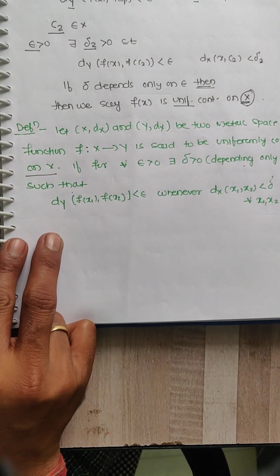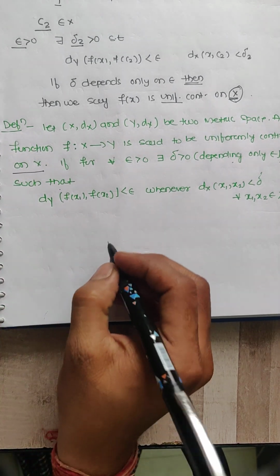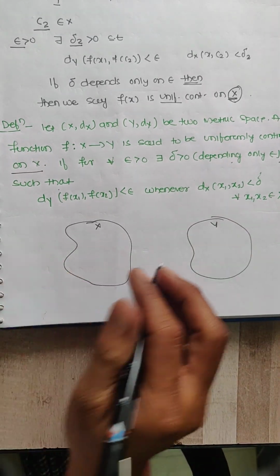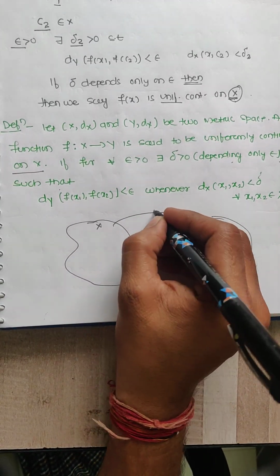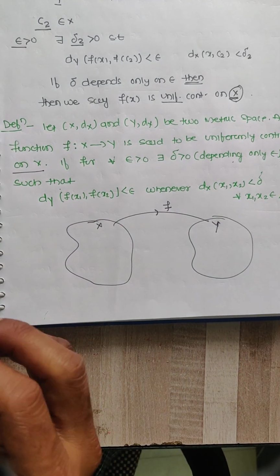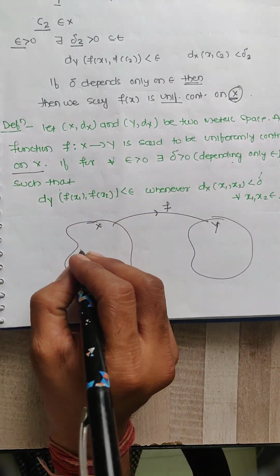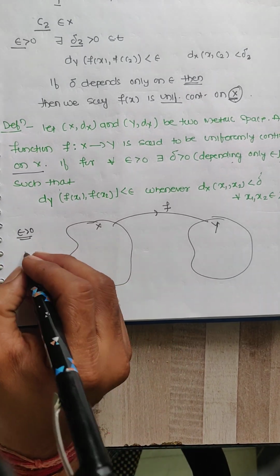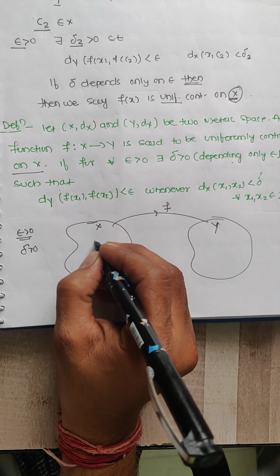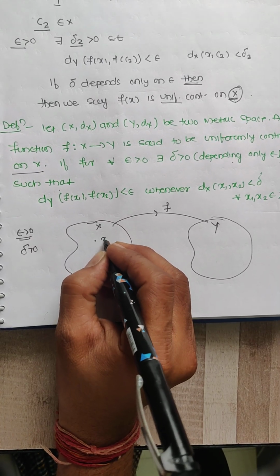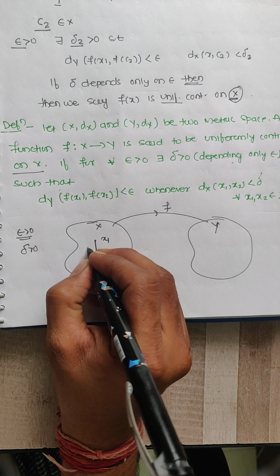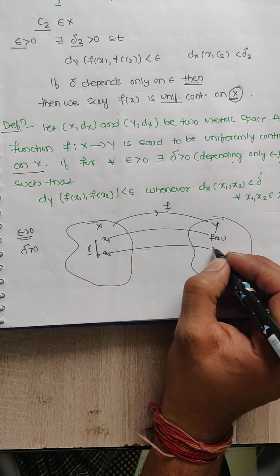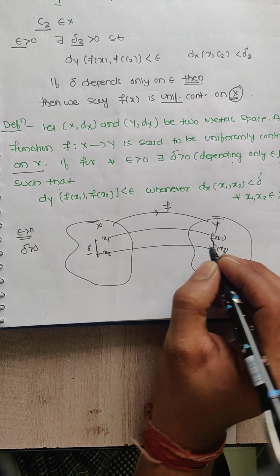Now let me elaborate. Suppose I have a metric space X here, and another space Y. f is a function. I say that f is uniformly continuous, meaning for a given epsilon, there exists a delta greater than 0 so that whichever two points you take in X, if the distance between them is less than delta, then the distance between their images will be less than epsilon.